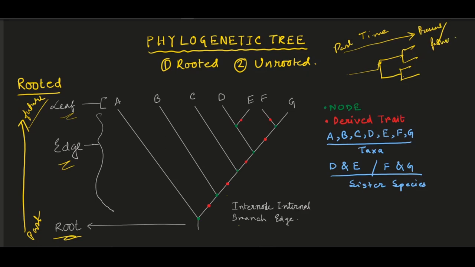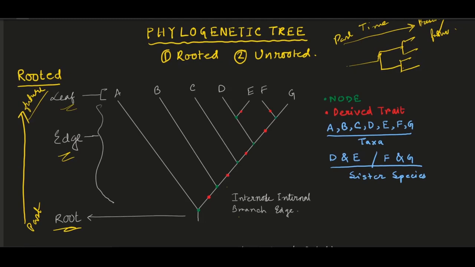Okay, and as you can see in this picture, the green dots are present as nodes. Basically a node means the ancestor from where the speciation or emergence occurs, and the red dots are the derived traits.